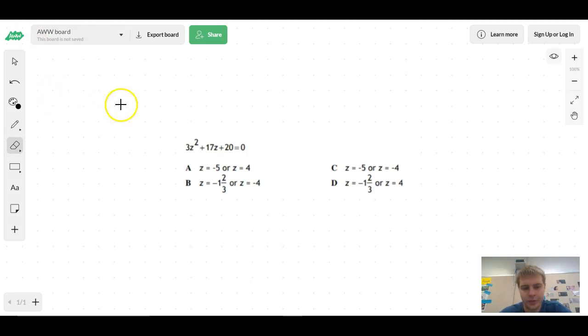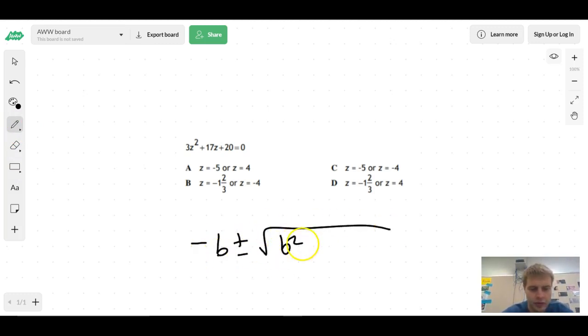Okay, so this one right here, it has a number in front. Anytime it has a number in front and it's a quadratic, I'm probably going to use the quadratic formula to solve this. So to do that, I'd have negative b plus or minus the square root of b squared minus 4ac all over 2a.